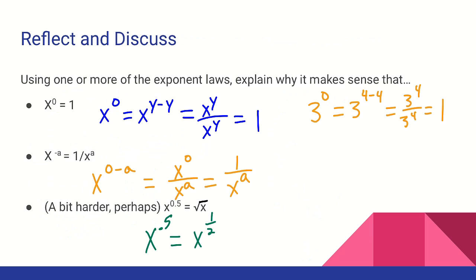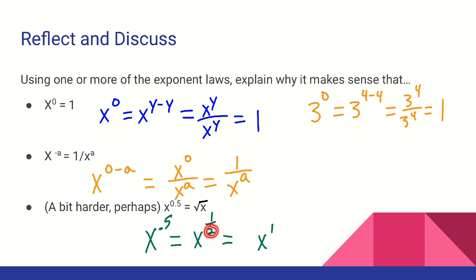Well, this is the way that the basic idea works. Whenever we have a fraction as an exponent, the numerator of the fraction stays attached to our base. So it's like x to the first power.